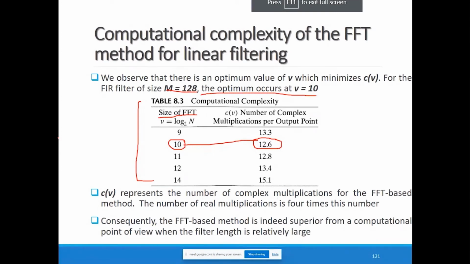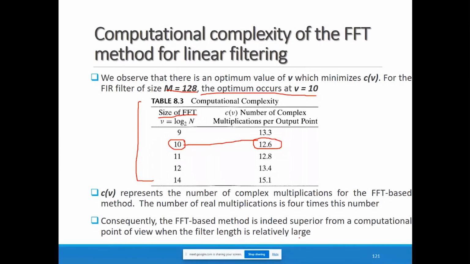Here CV represents the number of complex multiplications for the FFT based method. The number of real multiplications is 4 times that number, if we go for real multiplication, as it includes 4 different terms. So it will increase the number by 4 times. Consequently, the FFT based method is indeed superior from a computational point of view when the filter length is relatively large.